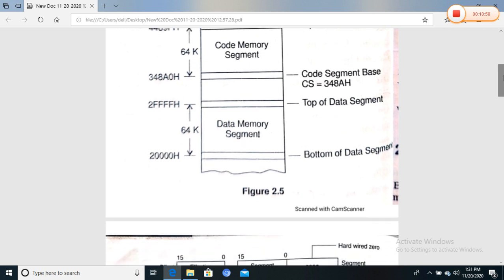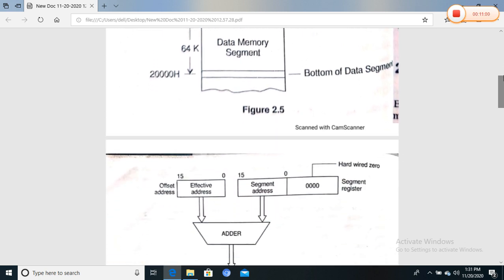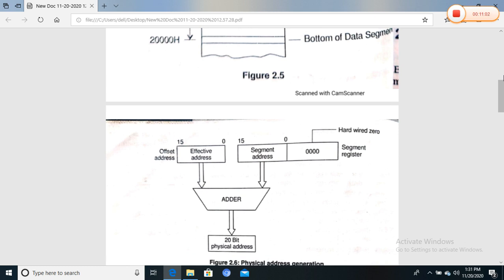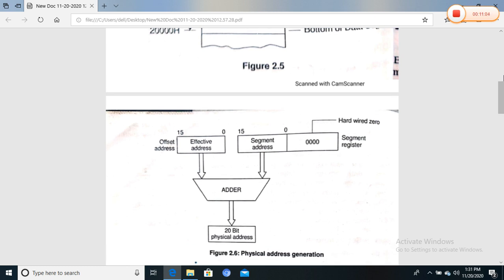Take one example. The effective address or offset address is the address associated with any instruction or data type. It is 16-bit, bits 0 to 15, and is called the effective address, offset, or displacement of that instruction.